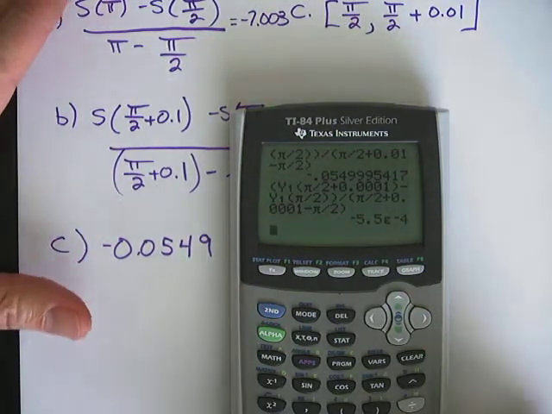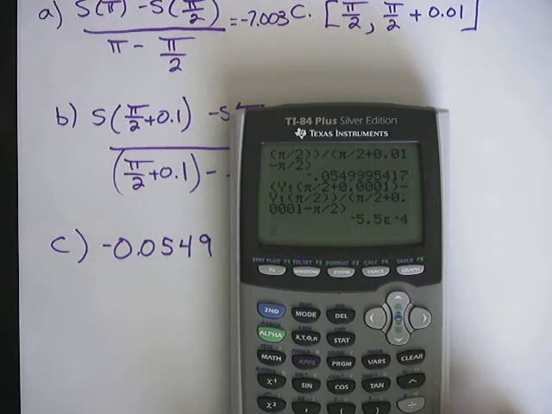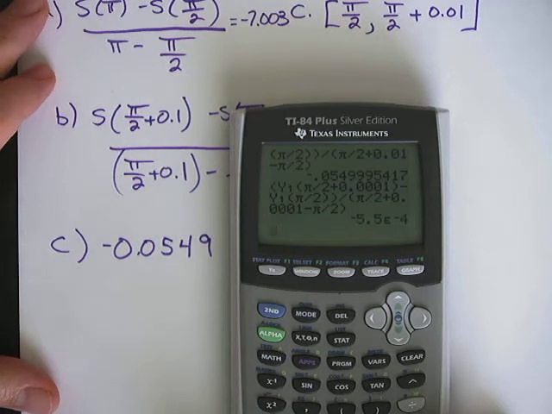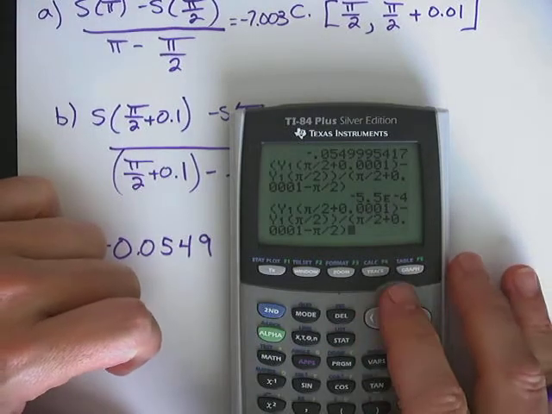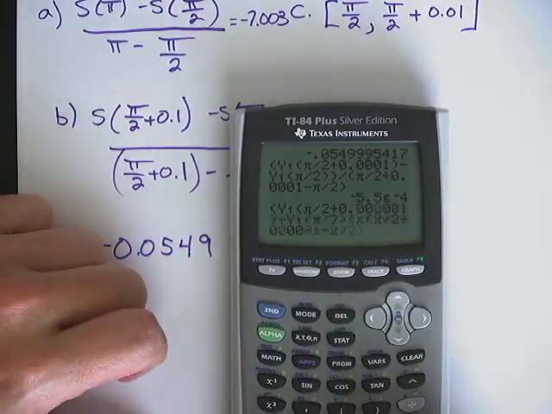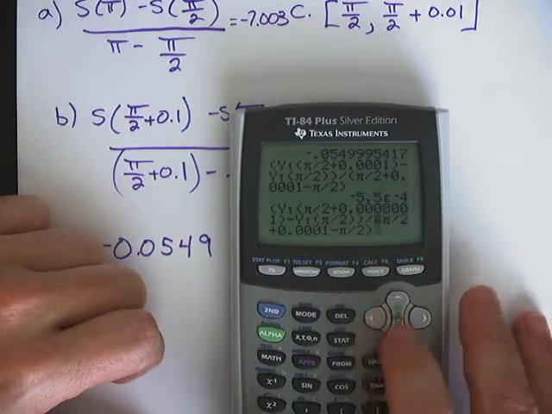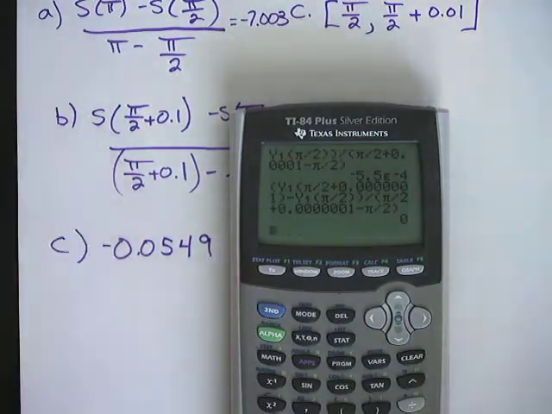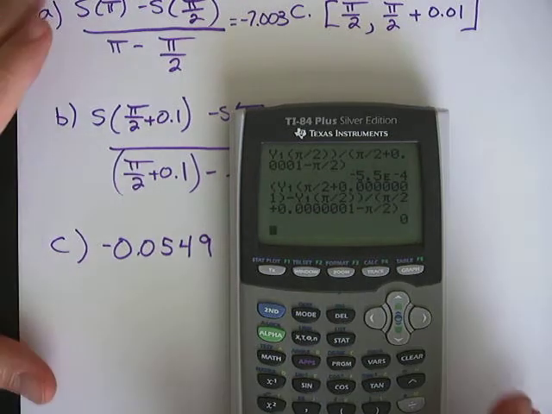It is negative 5.5 times 10 to the negative 4th. So it's getting closer and closer to 0. It appears that we are probably going to have a 0 slope. We could even type in something that's even closer, so 3 more zeros. Once we put in that many zeros, the slope goes to 0.